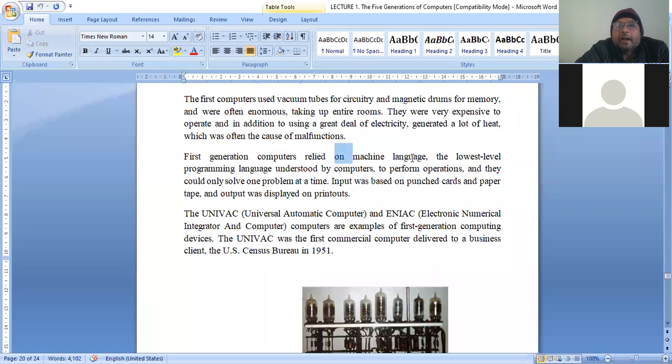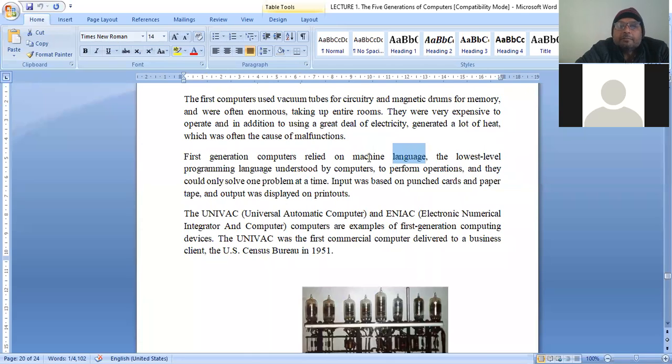First generation computers relied on machine language. They did not know languages like COBOL or Fortran. They just knew the lowest level of language. Suppose we were using DOS, it has commands like move, but they did not know any command like this. Nowadays computers are high level machines that can understand the language we type.